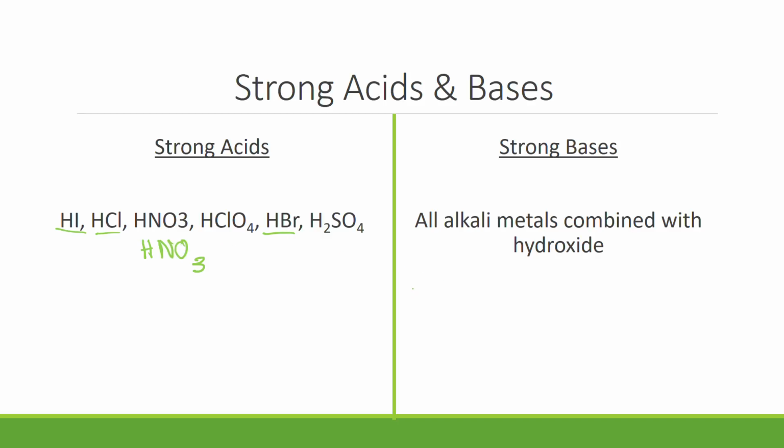So anytime you have something like KOH or NaOH or even CsOH, you don't really see that often, but these are all going to be very strong bases that completely dissociate in water. Some other ones you may see are strontium hydroxide. That's an alkaline earth metal, and it's a pretty strong base, but it's not going to be as strong as some of your bases that are combined with the alkali metals.